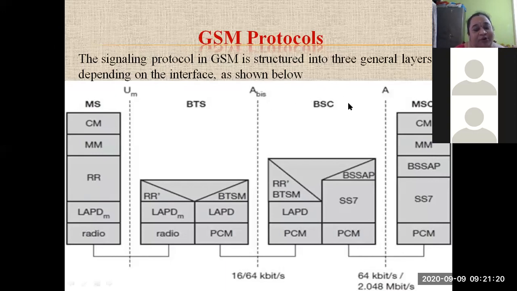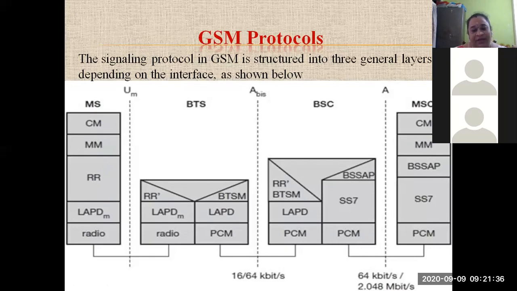There should be some set of protocols to follow for the transmission of the data from the sender to the receiver, through broadcasting and signal broadcasting, and through various channels, that is the traffic channels and the control channels.